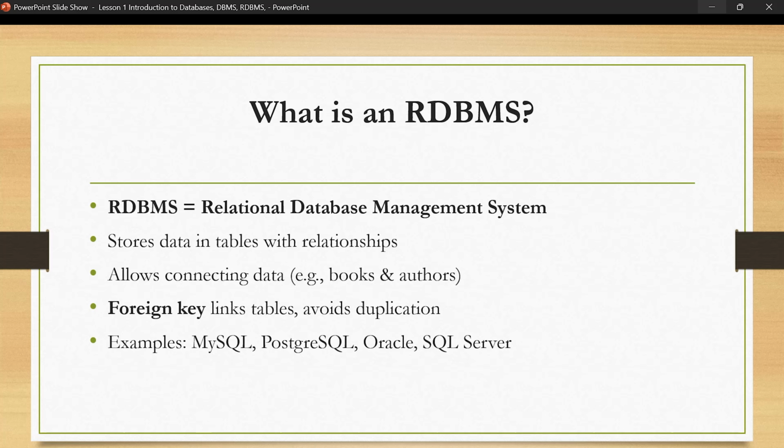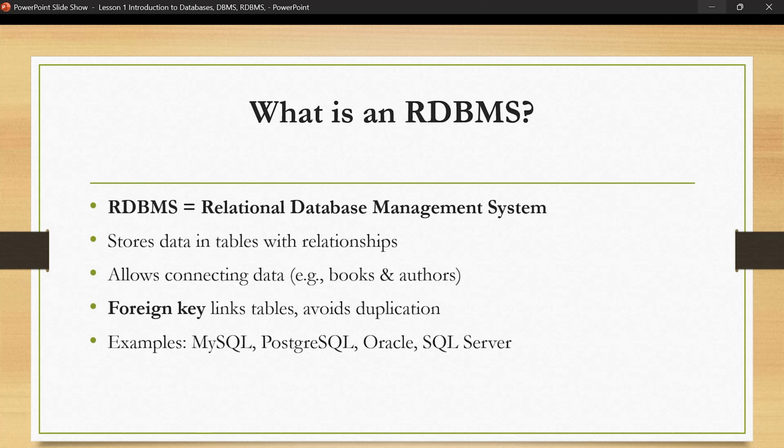So for instance, let's consider in our bookstore database we can have multiple tables. Let's consider we have two tables, one for books and one for author. Then we need to connect these two tables. We connect the two tables using a common key like author ID.